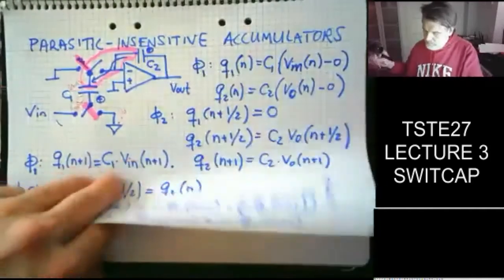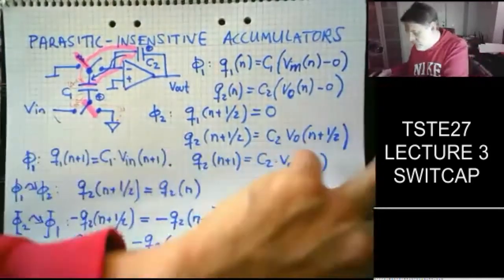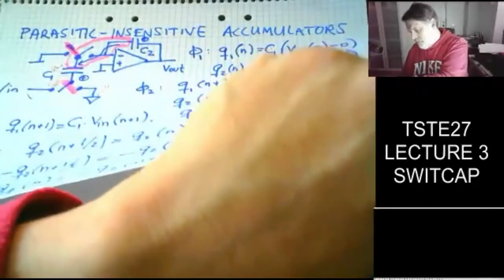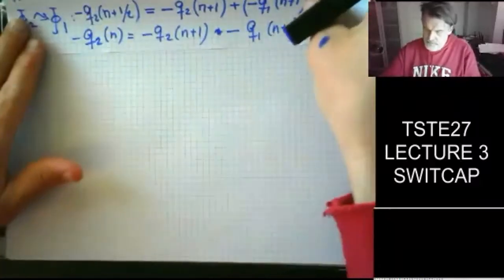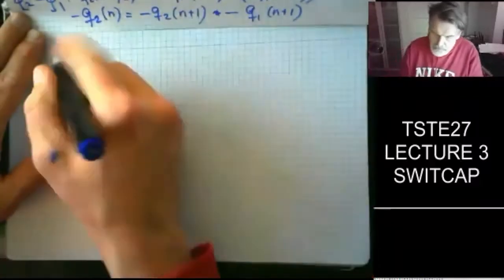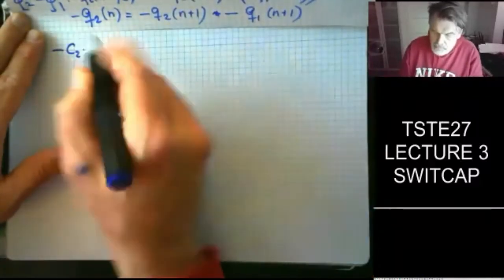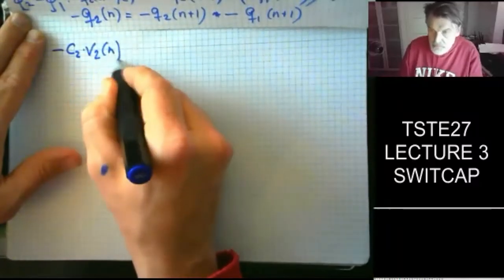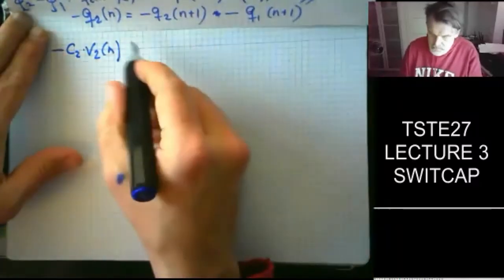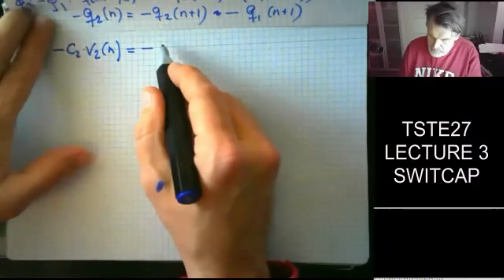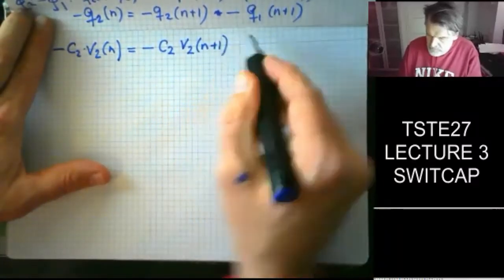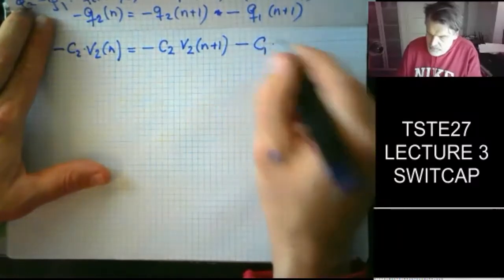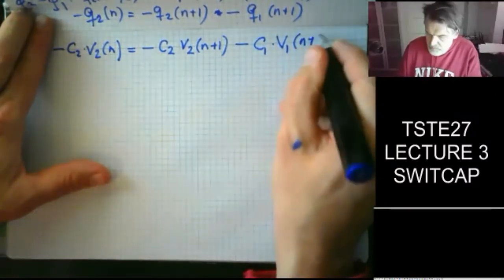We get minus C2 times V2 of n, and that's equal to minus C2 of V2 of n plus 1 minus C1 of V1 of n plus 1.